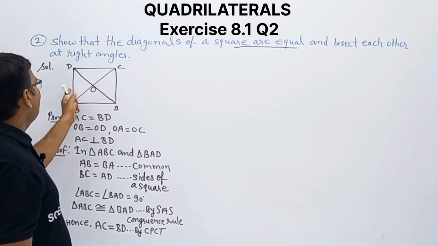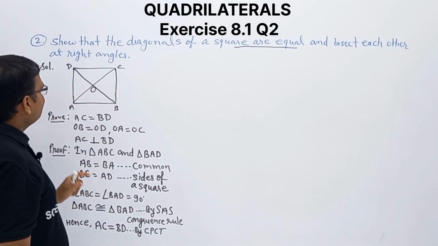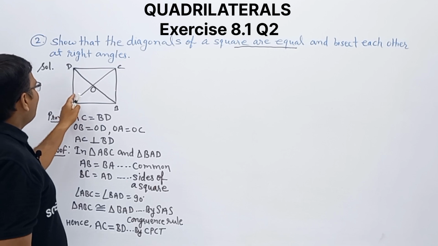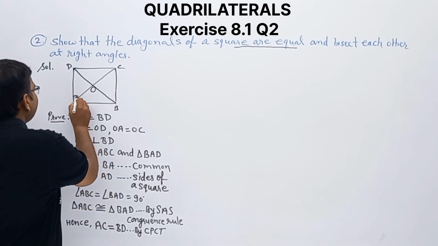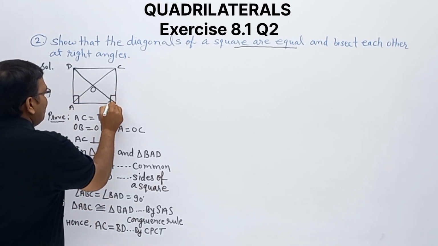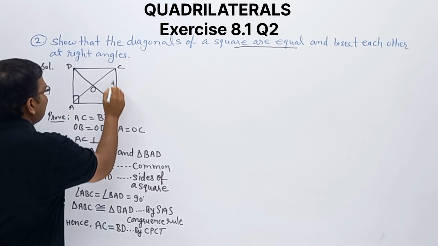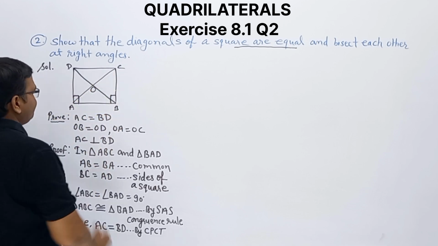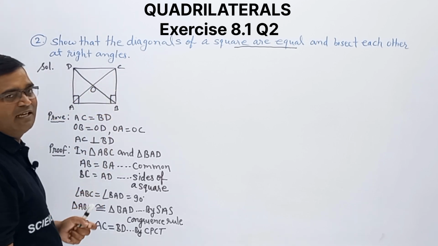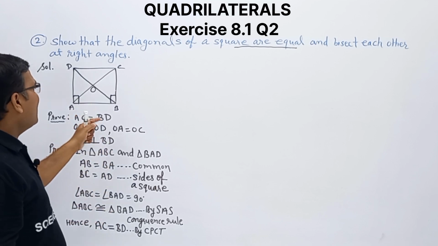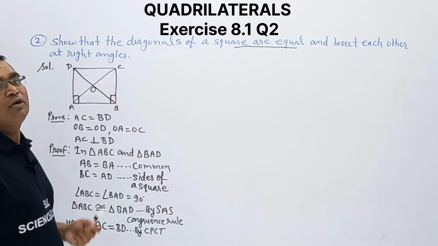Next, angle ABC and angle BAD are 90 degrees, because this is a square.